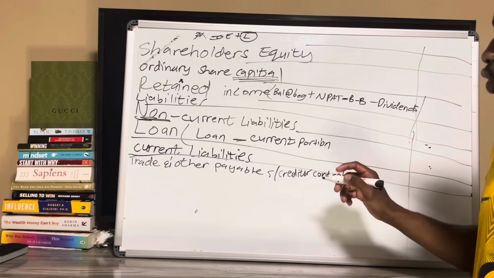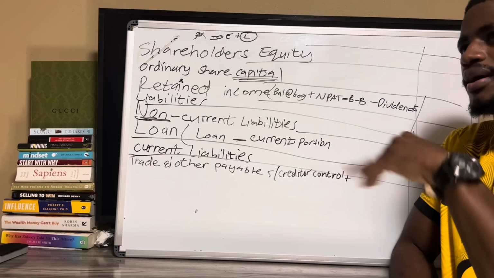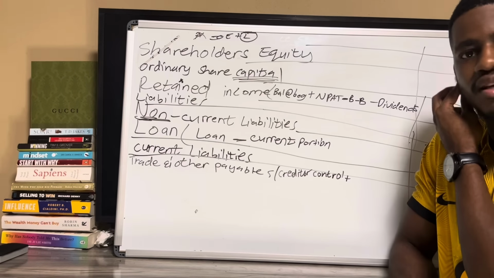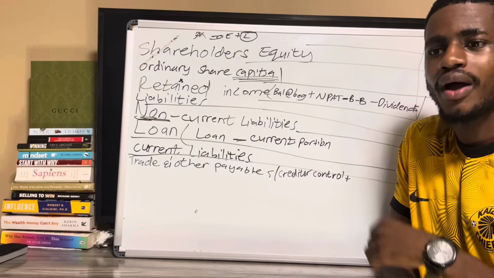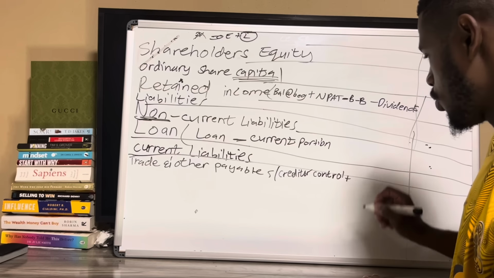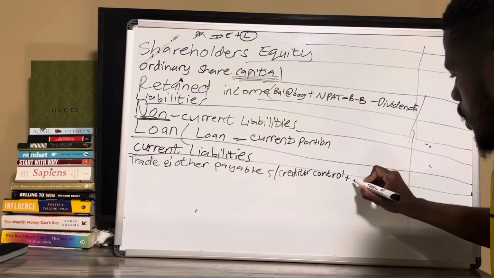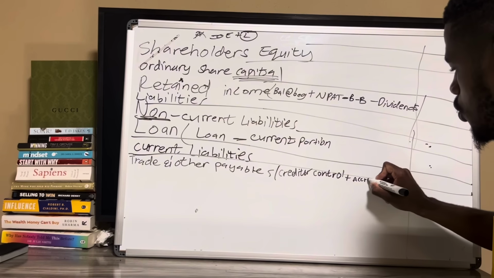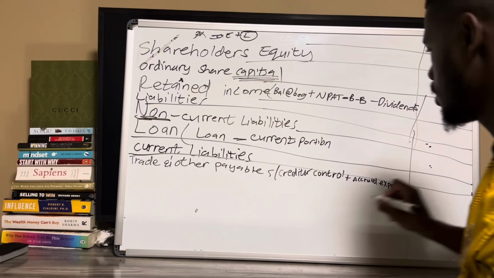Okay, so we said, what do we have, Gombe? Please do remind me. Remember, we were having prepaid expense, accrued expense, and all of that. Here, what do we need to pay? The first one was accrued expense, an expense that we haven't yet paid for. Accrued expense. Add it here.